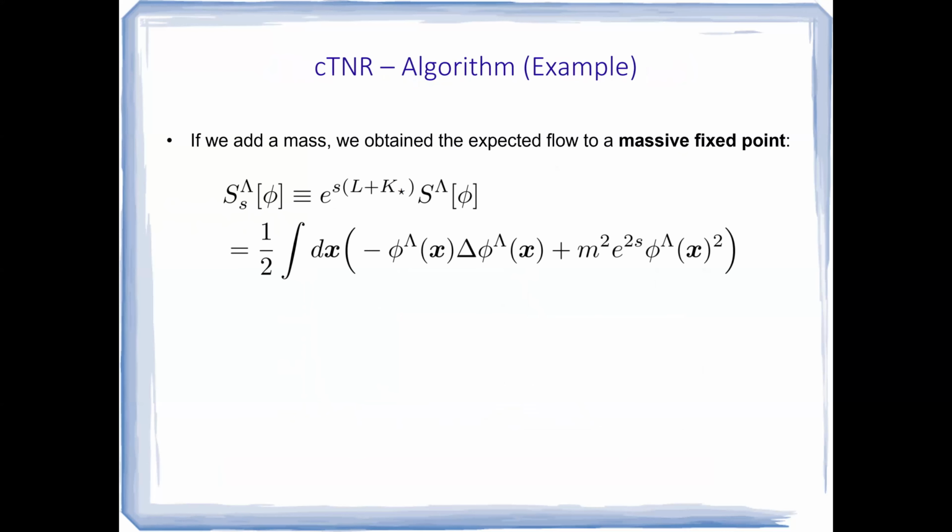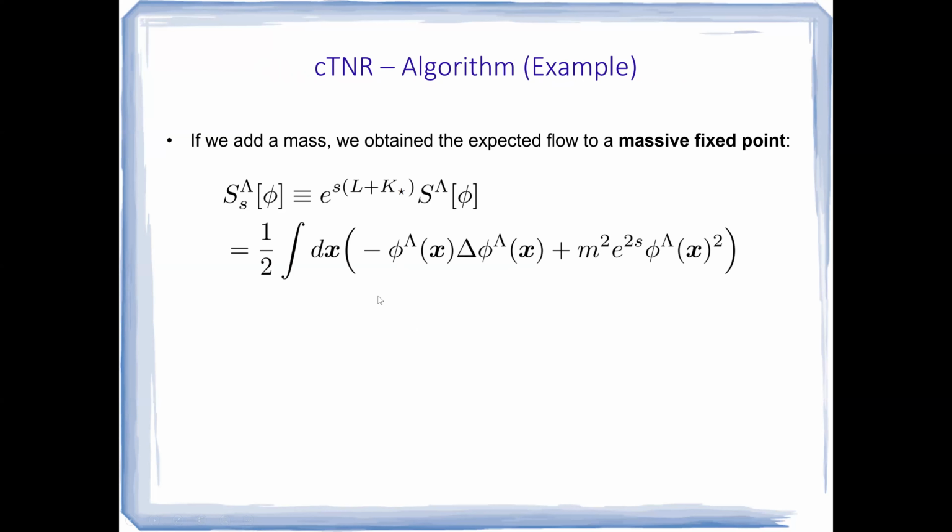Which is in this case necessary given that we need a fixed point. But a fixed point is stronger than just having the same cutoff. And in particular, if we add a mass, if we now forget about the condition that we had the mass equals 0, in principle the entangler could change. The entangler, sorry, I'm changing entangler, disentangler, just think of it with a minus sign going up or going down. So the expected flow, once we add a mass, which is a relevant deformation, would take it to a massive fixed point.